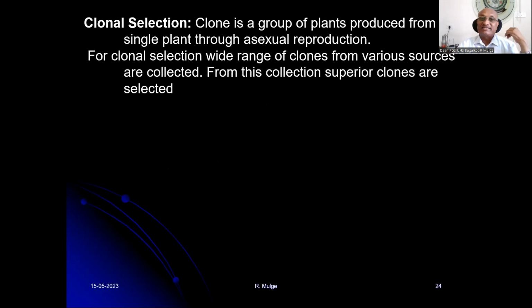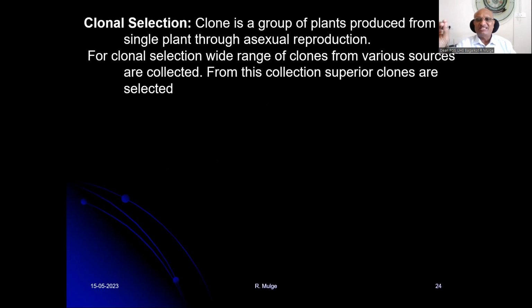Then you have got clonal selection. I was talking about the selection process. A clone is a group of plants produced from a single plant through asexual reproduction. Several plants you are producing from a single plant by an asexual method.